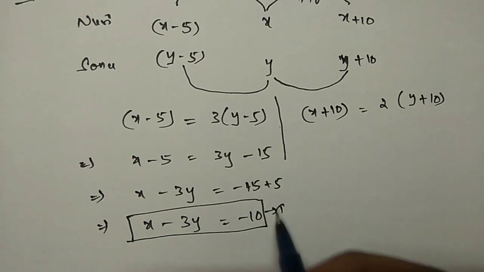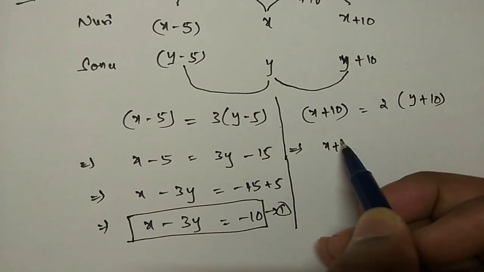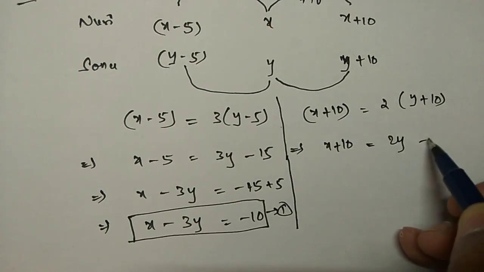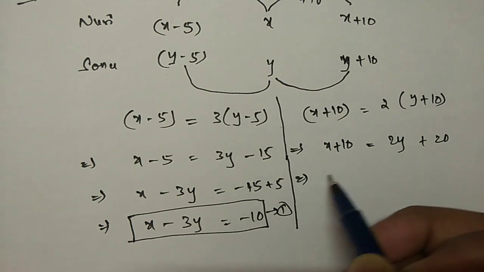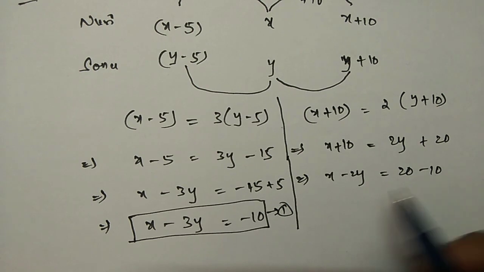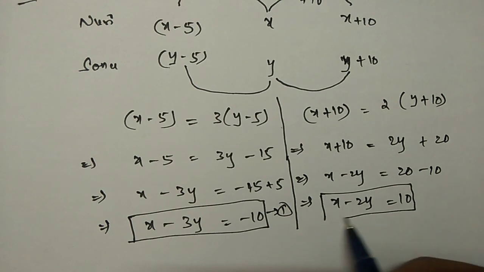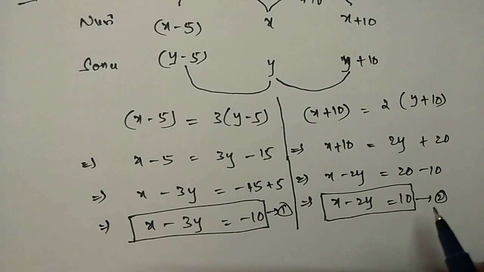This is the first equation. Similarly, x plus 10 equal to 2y plus 20. x minus 2y equal to 20 minus 10, implies x minus 2y equal to 10. This is the second equation.